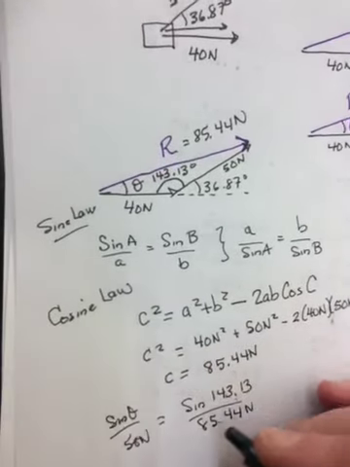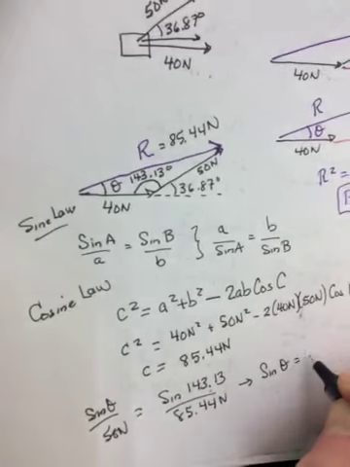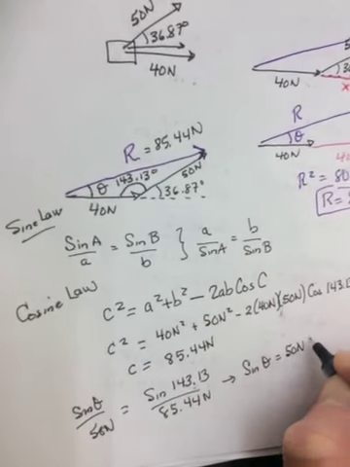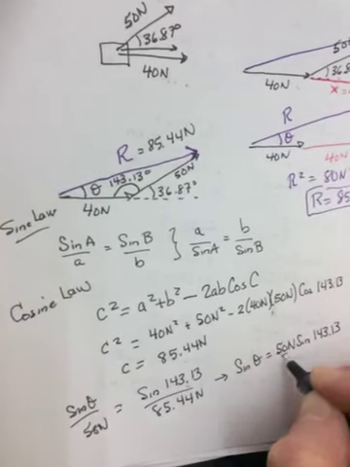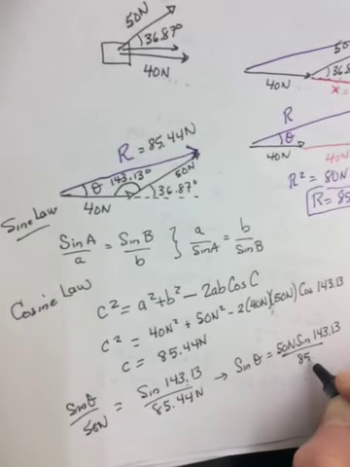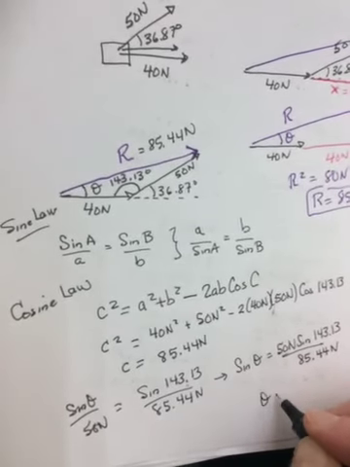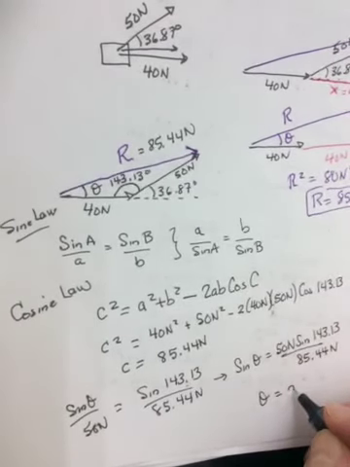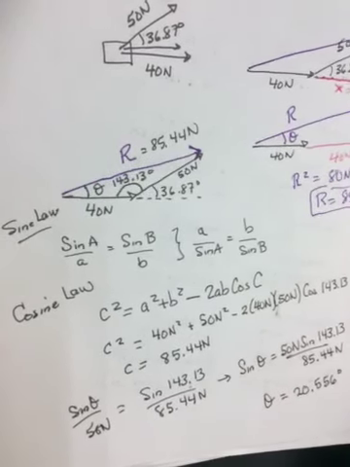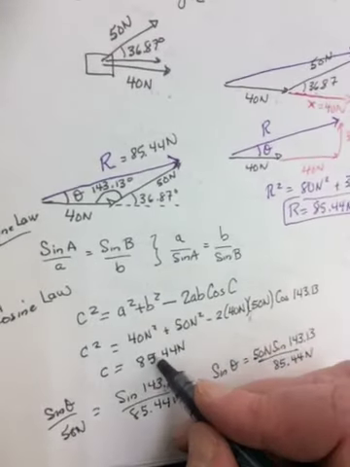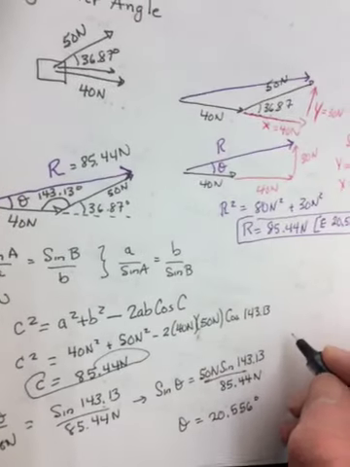Okay, so cross multiply, bring the 50 up. Sine theta will equal 50 newtons sine of 143.13 over 85.44 newtons. Take the inverse sine, and you should get 20.556 degrees.